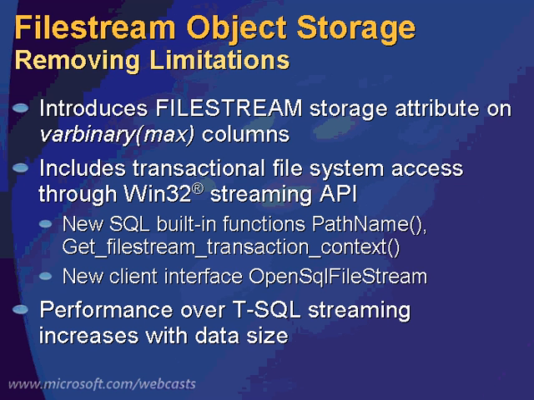These are files in the range where the transferring of the file is a significant portion of the performance of your overall application. With file streaming using the Win32 APIs, or in this case the OpenSqlFilestream API, you'll see a significant performance benefit. That should be very useful for applications that do that, and one example would be a document management system.